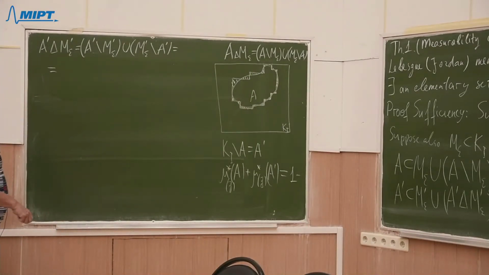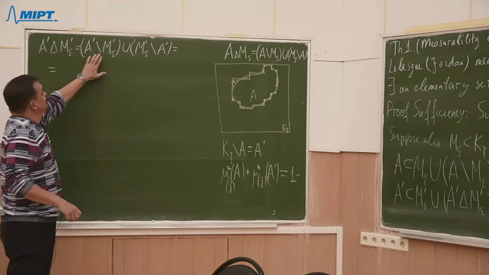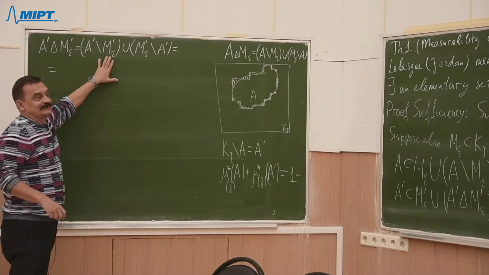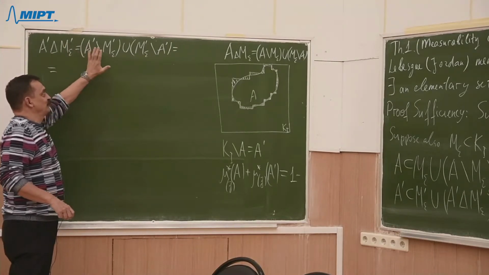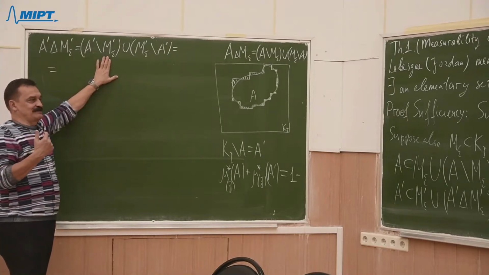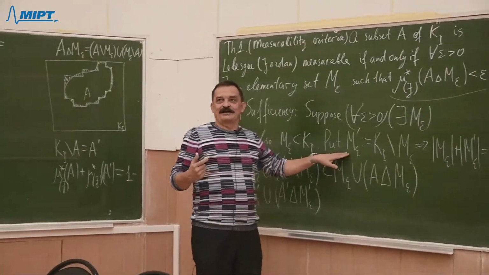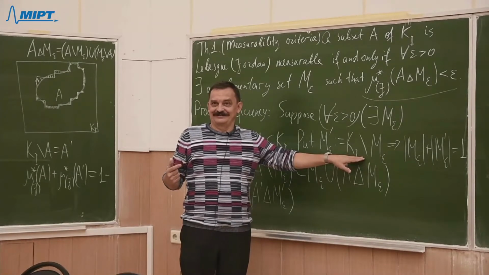That's precisely one. So now look what is written here. Difference between A prime and M epsilon prime. So everything that is in A prime, but not in M epsilon prime. Now remember, M epsilon prime is everything that is not in M epsilon, right?